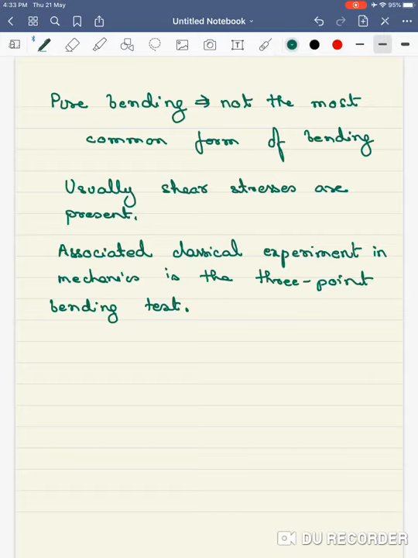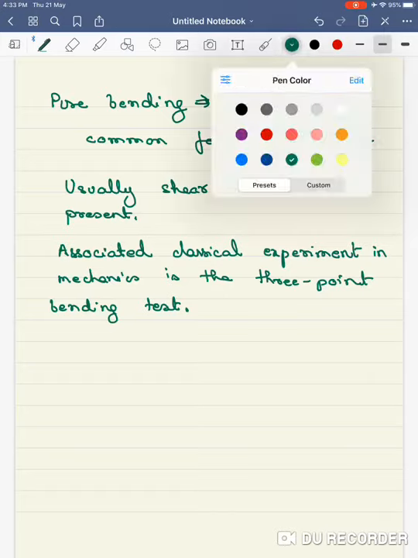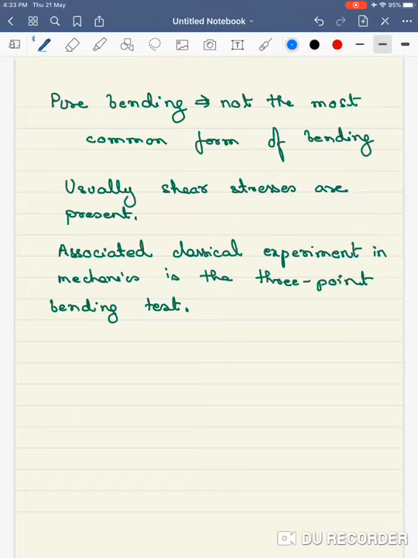And I was saying that pure bending is not a very usual phenomenon, and I wanted to tell you the reason for it. And the reason is actually straightforward, that even in the simplest of cases, for example, the 3-point bending, I can make a schematic for the system, so this is the schematic for the video.